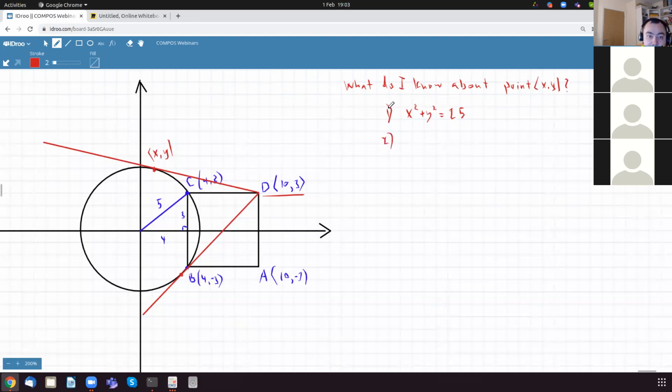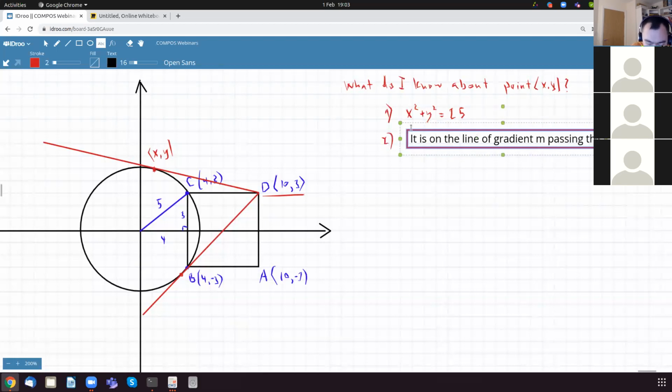Secondly, I know that it is on the line passing through D with gradient m. I will type that just to be on the safe side: it is on the line of gradient m passing through D.